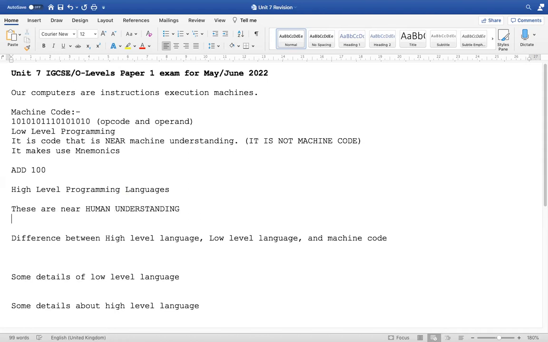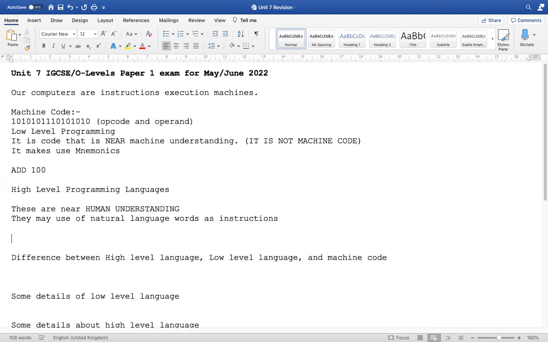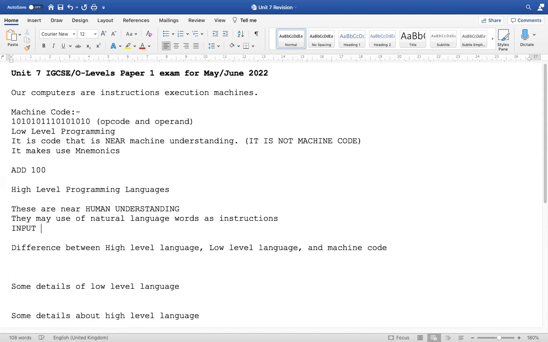Now, what that means is that they make use of natural language words as instructions. For example, I will write an instruction something like this: inputs, enter a number.